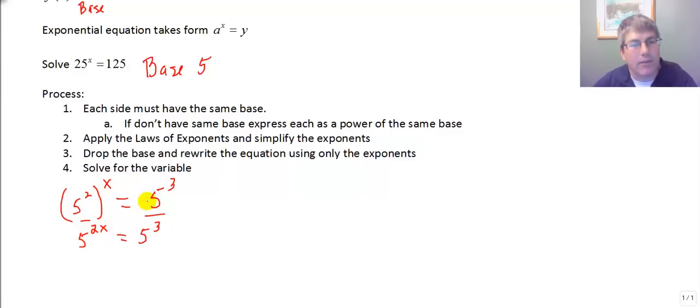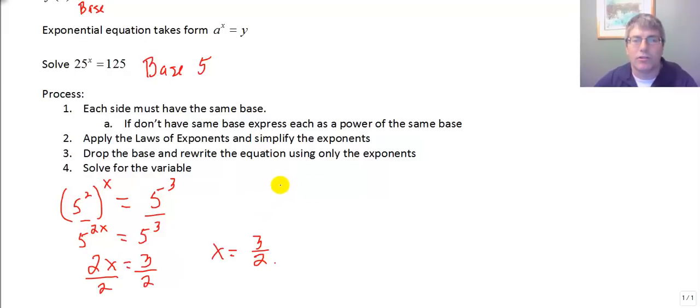Now that I have the same base, my process says drop the base and rewrite the equation using only the exponents. So if I drop my base, I can rewrite this just as 2x equals 3, and then I solve for x. Divide both sides by 2, and we get x equals 3/2.